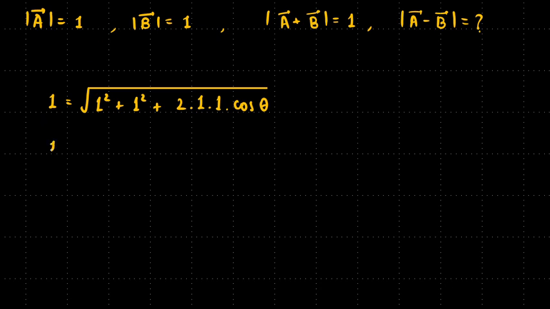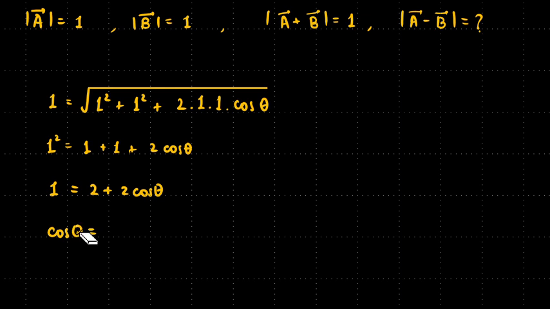So it's going to be 1 equals, I'm squaring both sides, so 1 squared is going to be 1. Okay, let's write it, just to make it crystal clear what I did. So 1 squared, so 1 plus 1 plus 2 cos theta, which means we have 1 equals 2 plus 2 cos theta, which means cos theta is going to be minus 1/2, right?